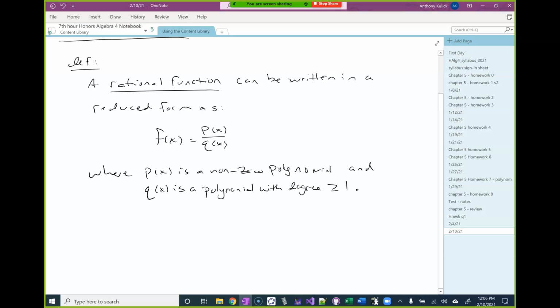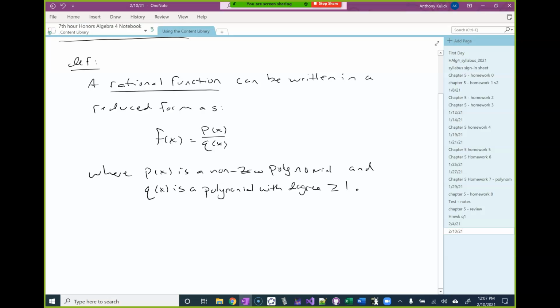Now, we're a little bit careful with that because we remember that polynomials include things just as well as numbers, right? 7 is technically a polynomial. So we have these extra couple of restrictions on what these polynomials look like in our rational function to make sure that we don't include things like constant functions and linear functions that we've already talked about.